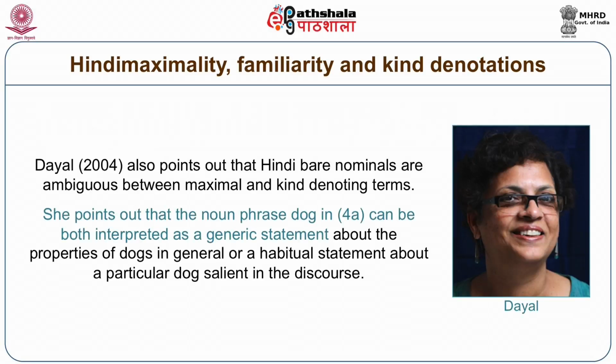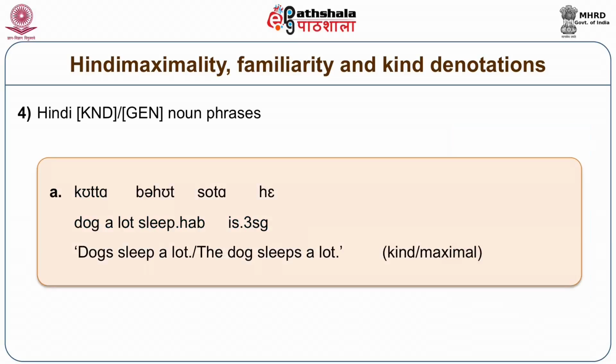Dayal 2004 points out that Hindi bare nominals are ambiguous between maximal and kind denoting terms. So, in a sentence like कुत्ता बहुत सोता है, the dog can be interpreted both as a generic statement about the properties of dogs in general or a habitual statement about a particular dog salient in the discourse.